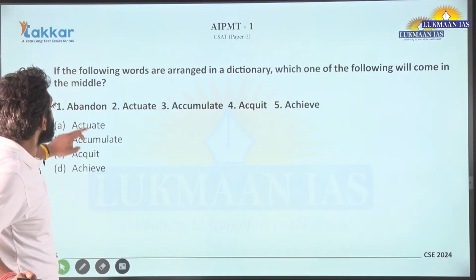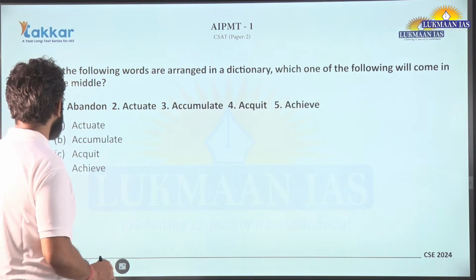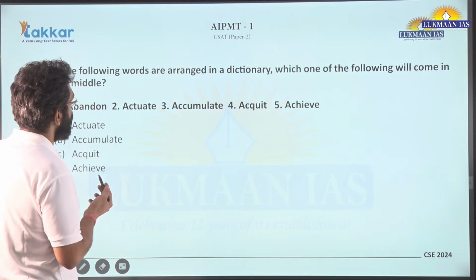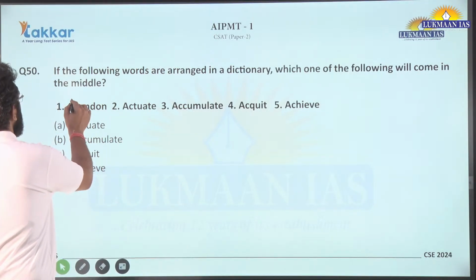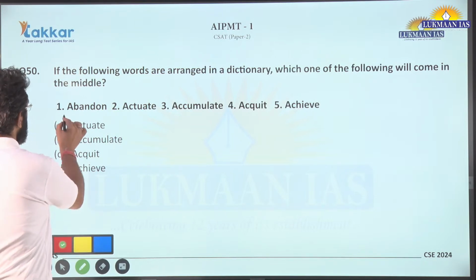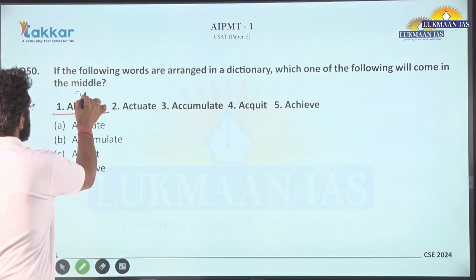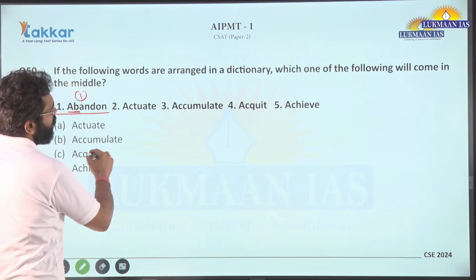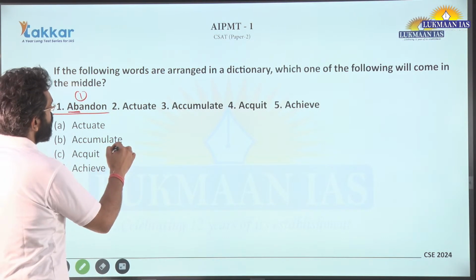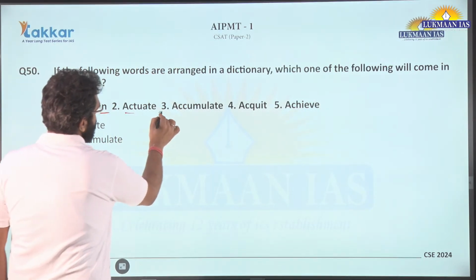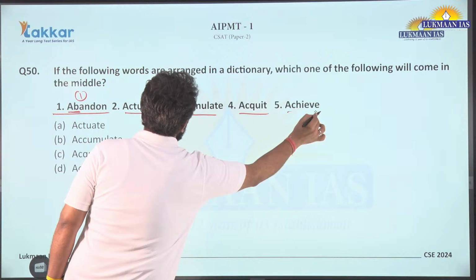There are four or five words given. Abundant is the first word, that is AB. Then we need to see between these four.